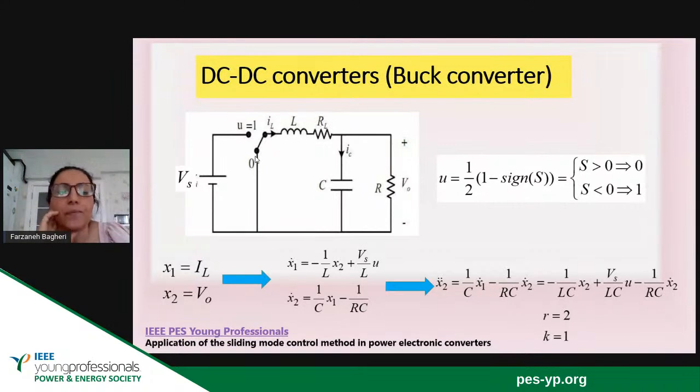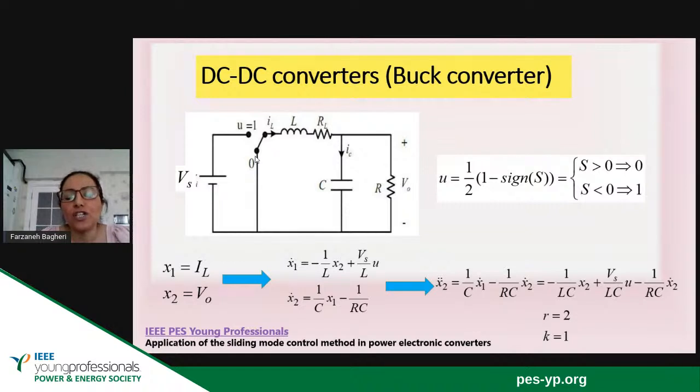If you remember in the introduction part, when I was talking about the sliding mode control, I talked about a sign function that can be 1 or minus 1. Let us somehow rearrange that sign function.